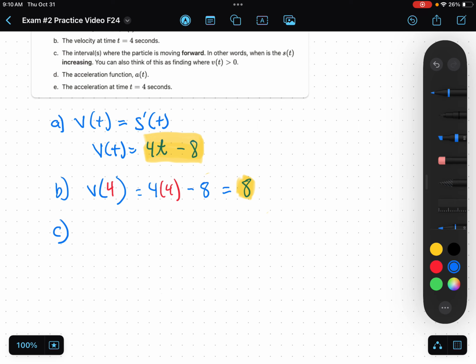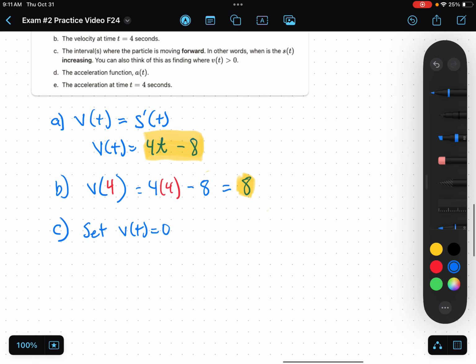So what we're going to do is find out where the velocity equals 0 and then use that to help us figure out where it's positive. So the strategy is we're going to set v of t equal to 0 because we're trying to find out where the position's moving forward. That'll help us make a sign diagram. For me, that means I have to solve 4t minus 8 equals 0.